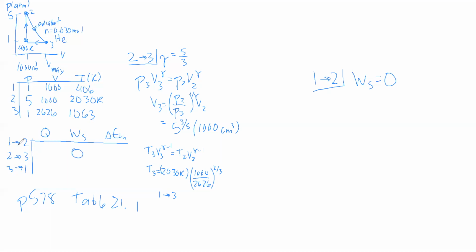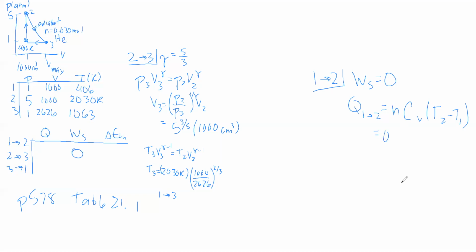So now we just have to find the heat from the change in temperature. The heat added from 1 to 2, Q sub 1 to 2, equals the number of moles times the molar specific heat at constant volume times the change in temperature, so that'd be T2 minus T1.